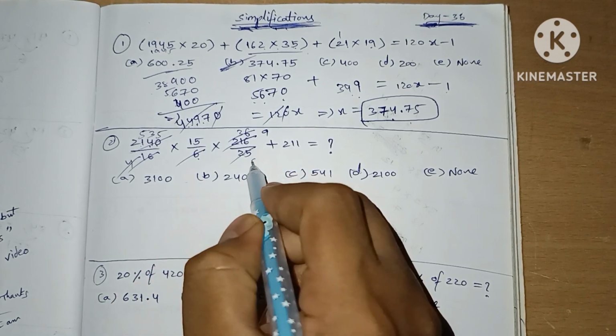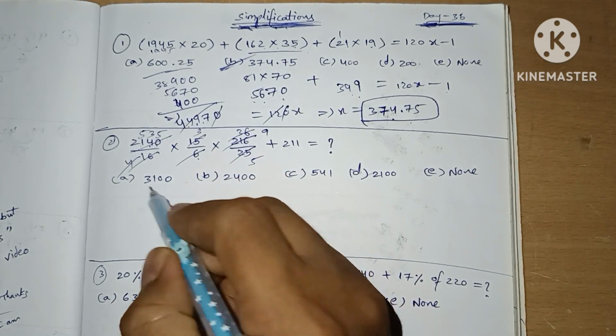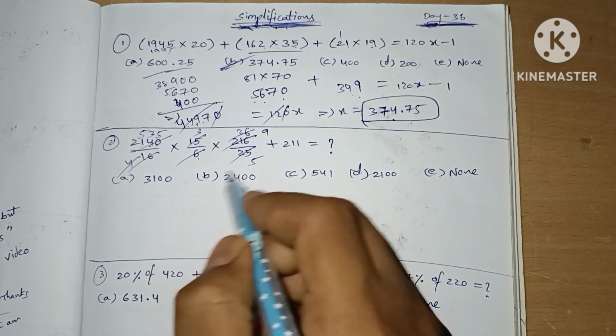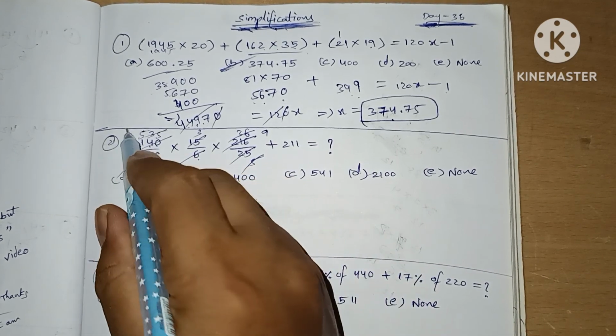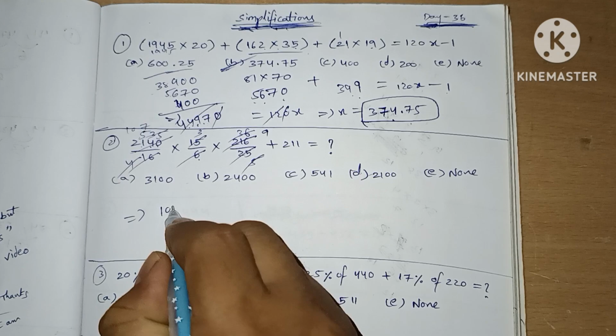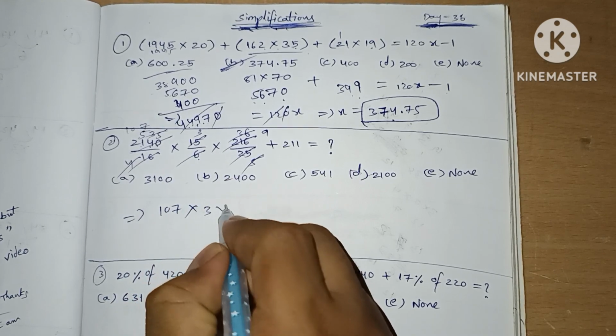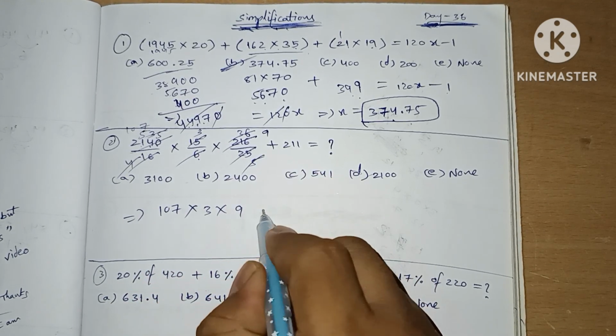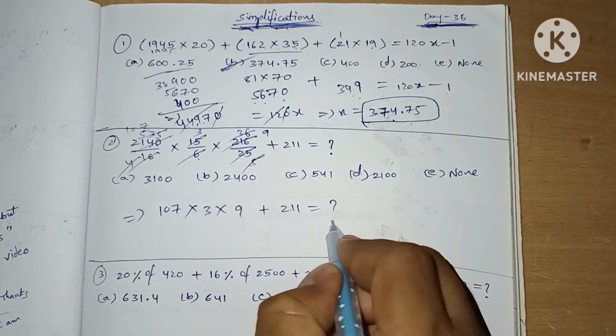Here 5 5 times 5 3 times 5 107 times. So totally we left with 107 into 3 into 9 plus 211 equals to question mark.